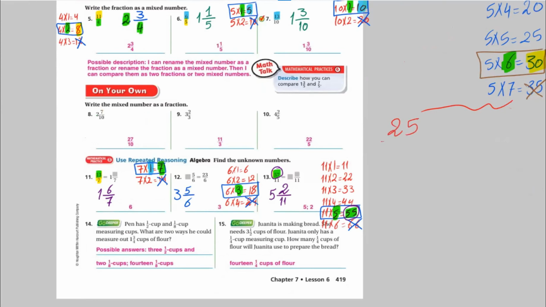I will not put the multiplication because I know it. Okay. So 25 over 7. Yes.